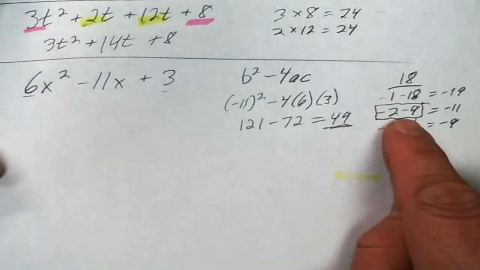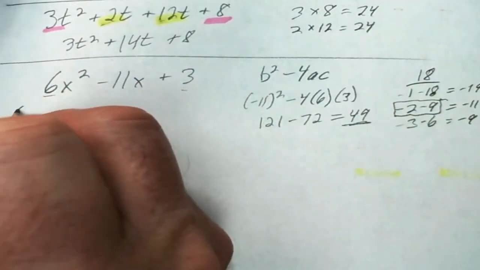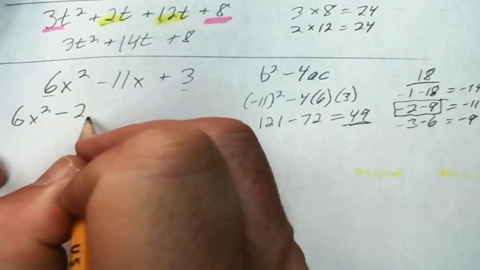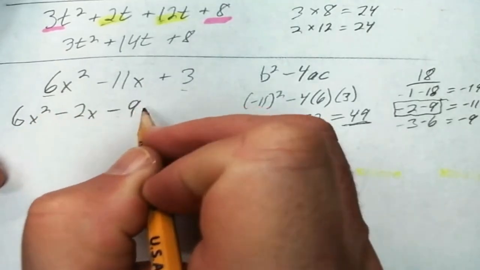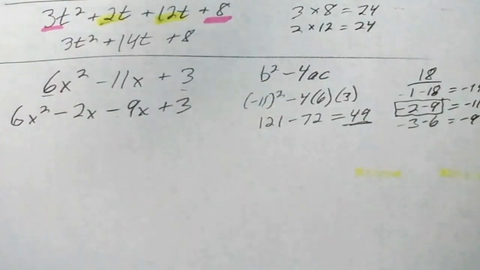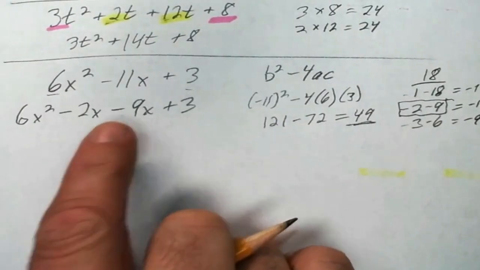Now that we know the two numbers that multiply together to be 18 and add together to be negative 11, we're going to rewrite this. 6x squared minus 2x minus 9x plus 3. See what I did? I didn't change this equation.